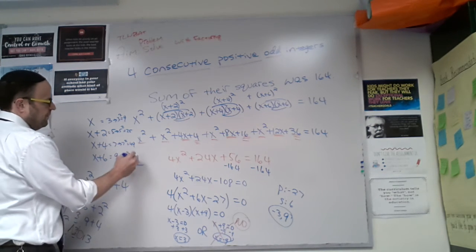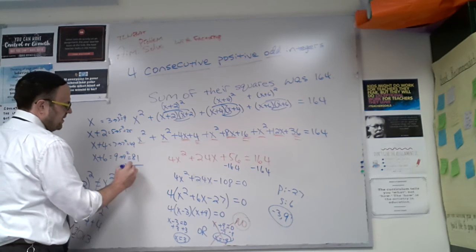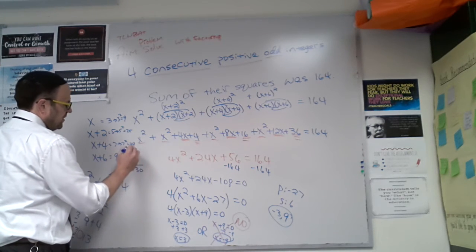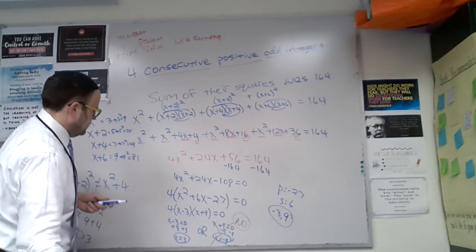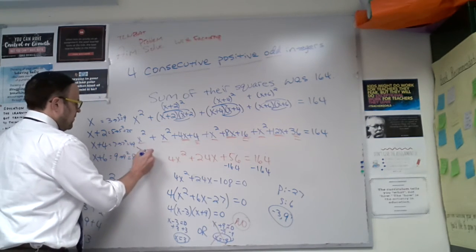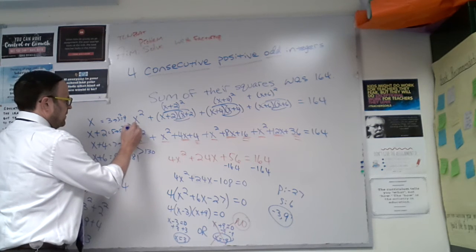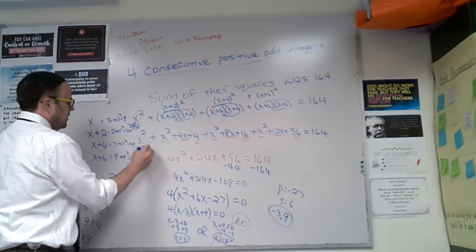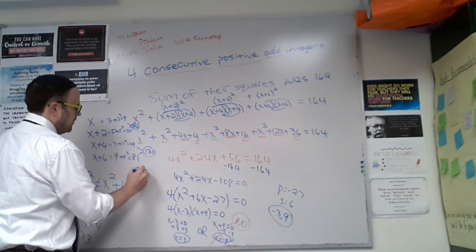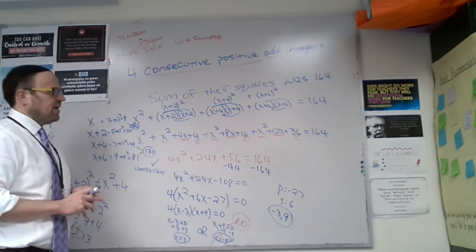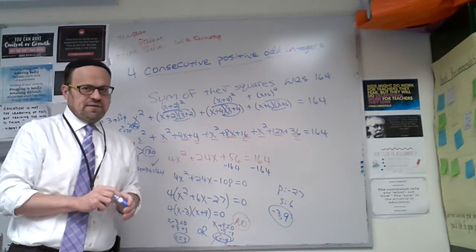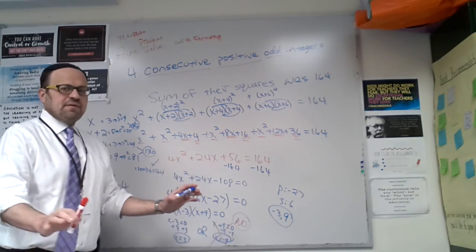Let's add them up. 81 plus 49 is 130. Sorry, I'll write that a little differently. That's 130. These are 34. 130 plus 34 equals 164. Check. We did it correctly.